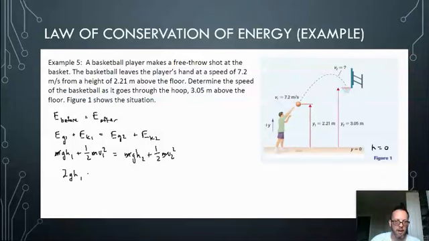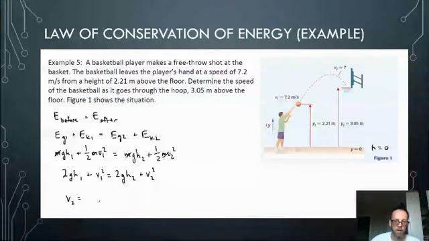And to do that, I might clear the fractions. So I'm going to multiply everything by 2. I'll get 2gh2 plus v2 squared. And we're finding v2. So to get v2 by itself, I'm going to move over 2gh2.